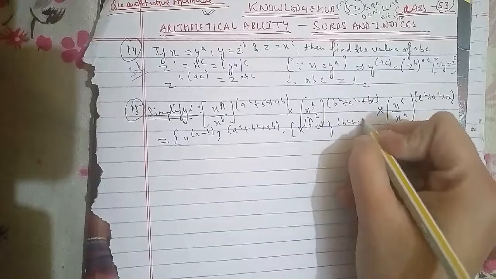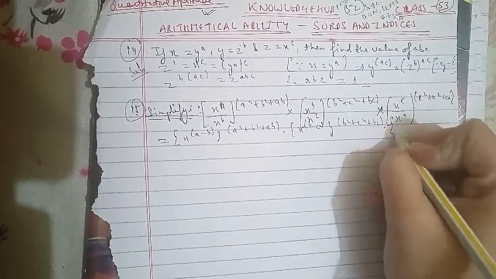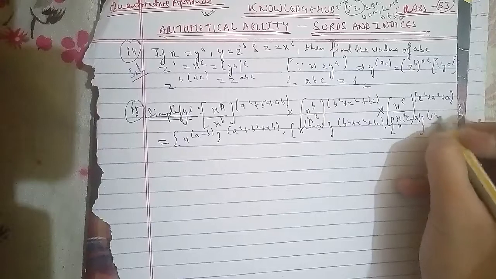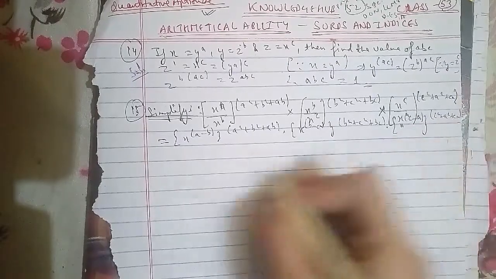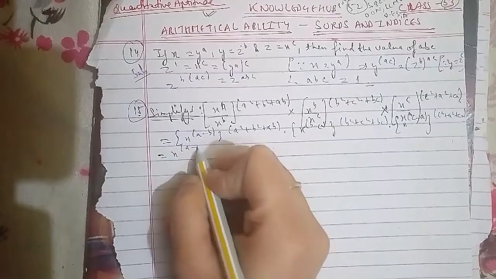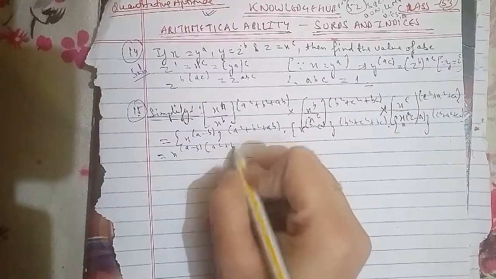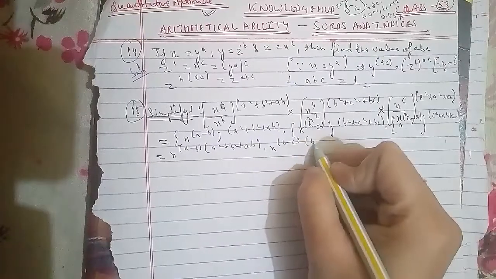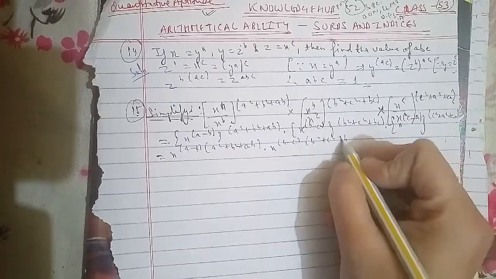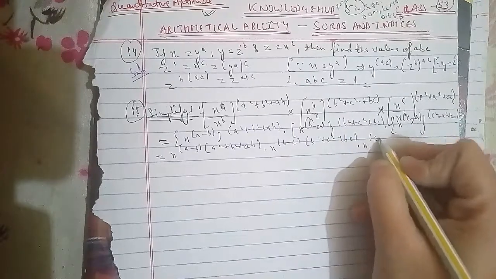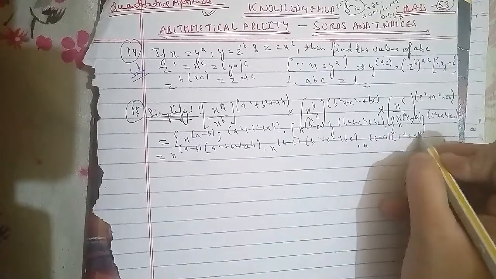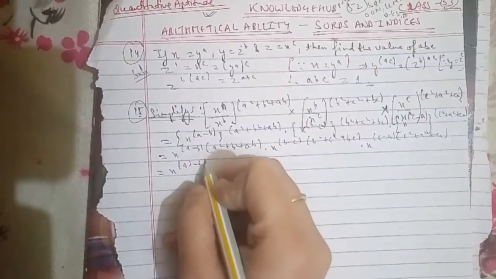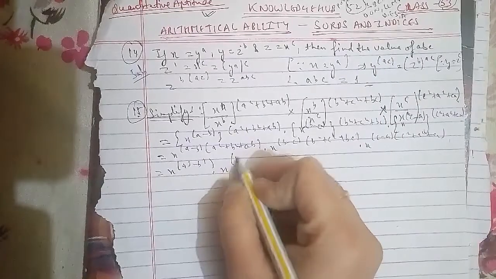That is x^(a−b)(a² + b² + ab), x^(b−c)(b² + c² + bc), x^(c−a)(c² + a² + ca), which is x^(a³−b³) · x^(b³−c³) · x^(c³−a³), which equals x^(a³−b³+b³−c³+c³−a³), that is x^0, which equals 1.